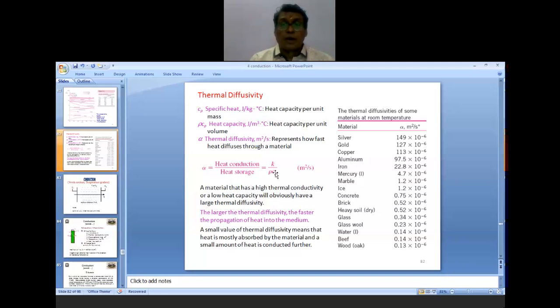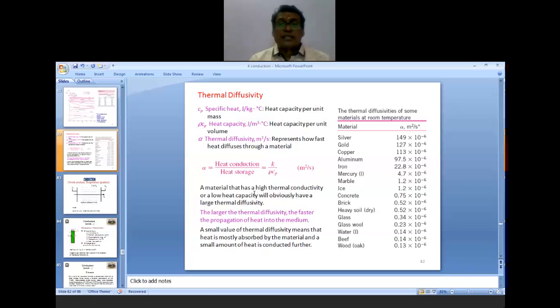So you have to remember, the numerator value should be higher, that is K upon rho Cp. A material that has a higher thermal conductivity or a lower heat capacity will obviously have a large thermal diffusivity.